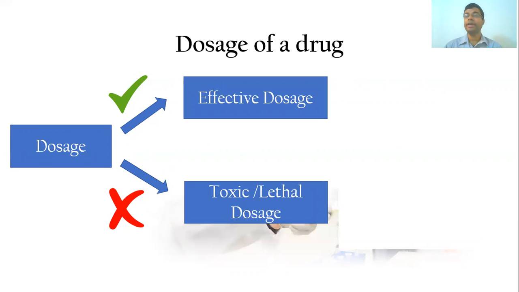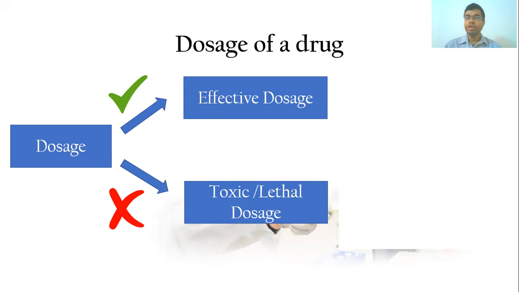If it is a correct dose, then we call it an effective dose. Effective dose means that the person who is suffering from a disease can get cured due to the right amount of drug dosage administered to that particular person. But if it is not a correct one, then the problem arises.